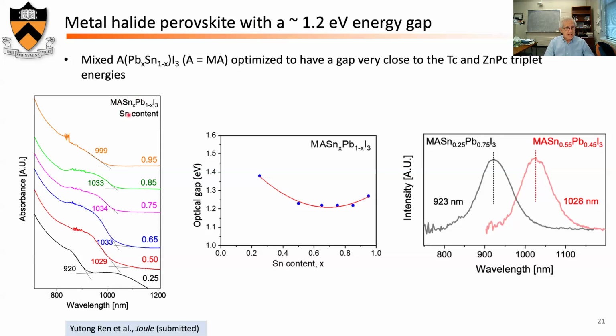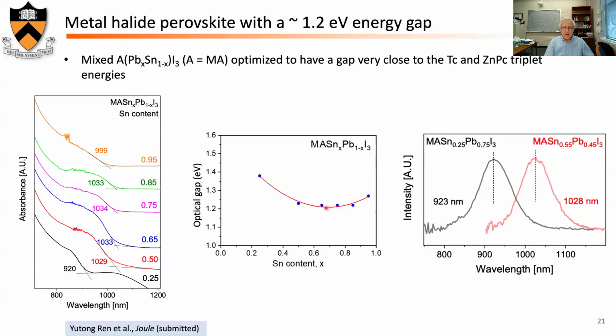So we looked at methylammonium lead tin iodide and varying the tin content. So these are the optical absorption spectra with the various tin content from 0.25 all the way to 0.95. And this is the optical gap of the material, again measured from optical absorption. And the minimum is extremely soft.